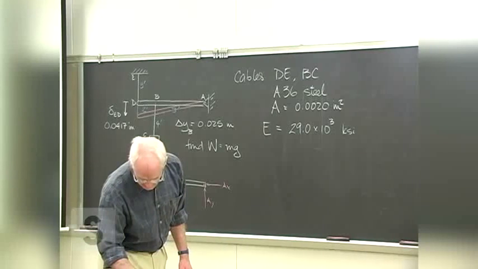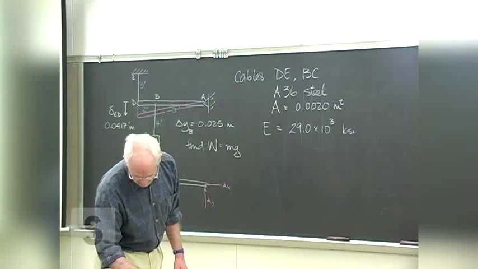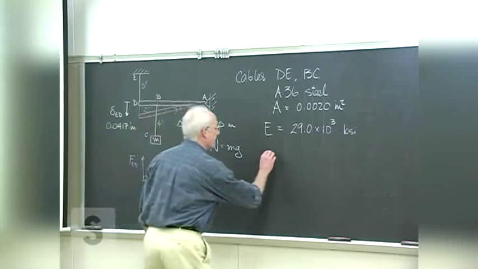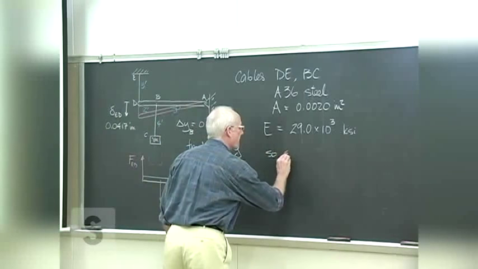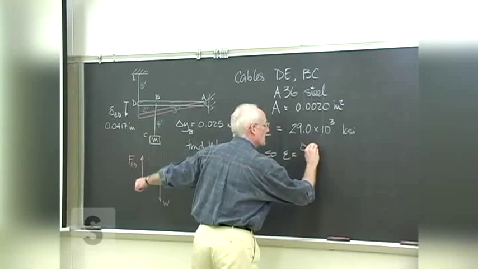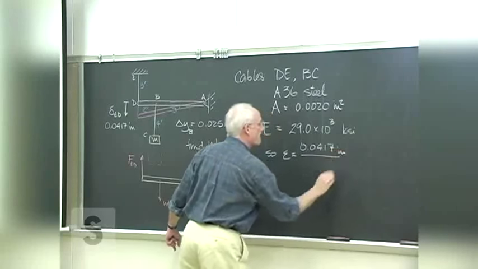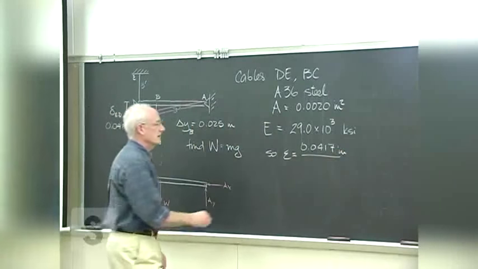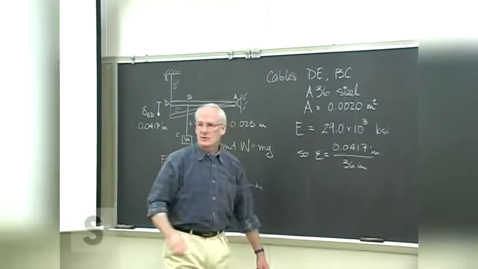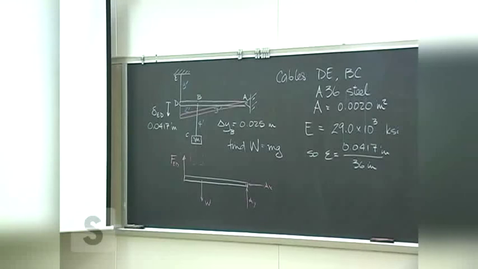We can check some numbers as we go along. So the strain is that 0.417 over the original length. Remember, the units must cancel on strain. It's unitless.